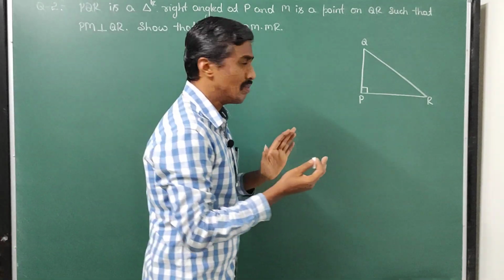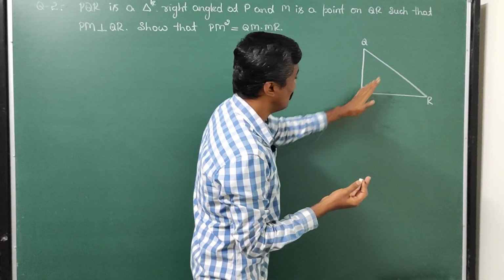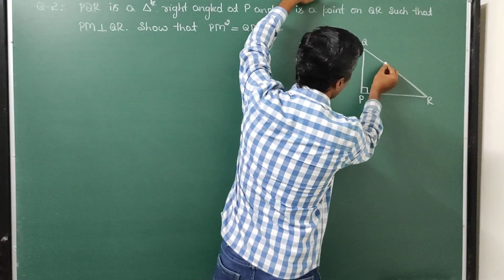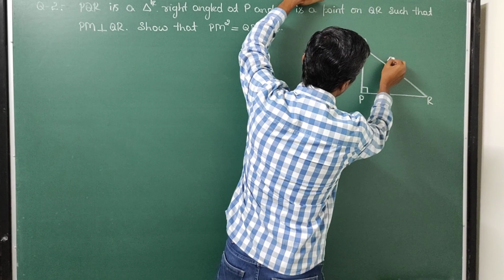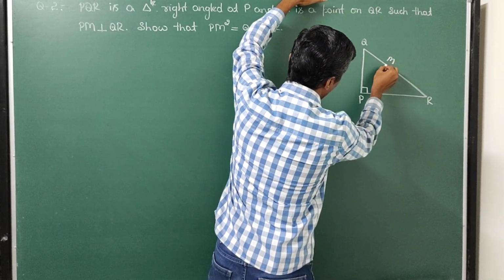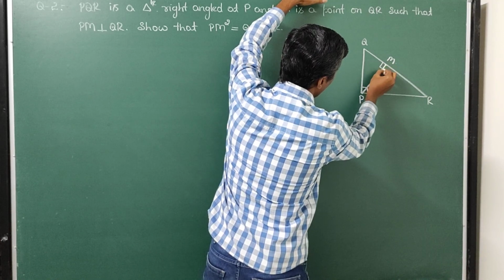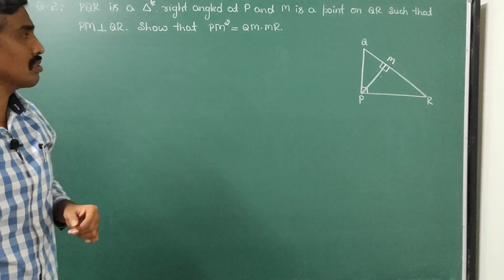So we have to mark M in such a way that if you join PM, it is perpendicular to QR. Let me mark a point M. So PM is perpendicular, which means it makes 90 degrees with QR.